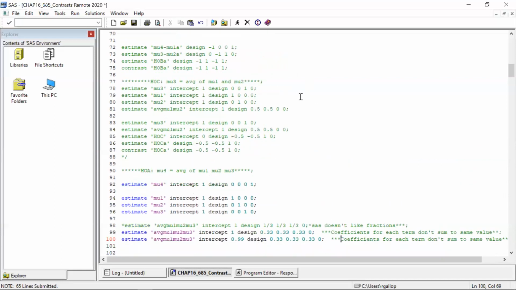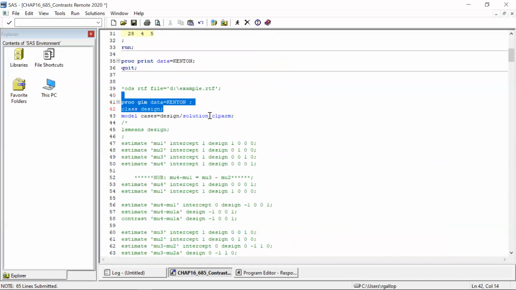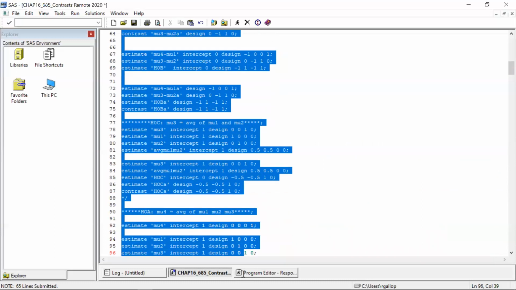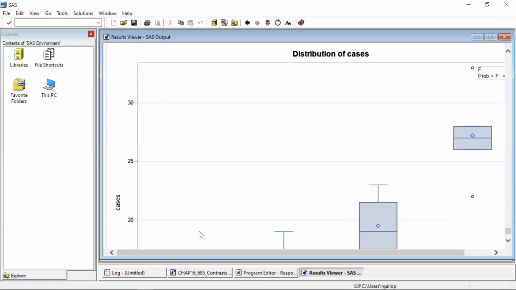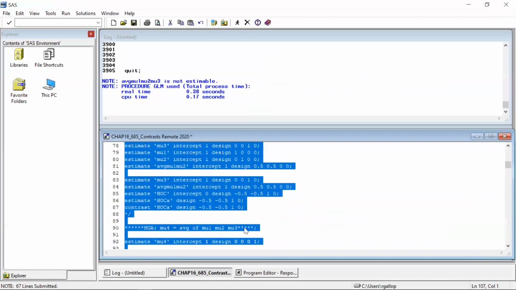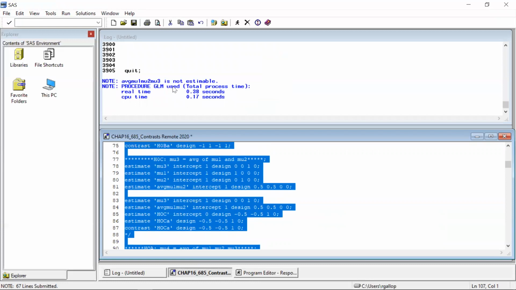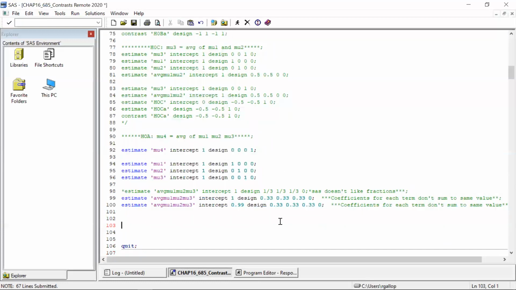So let me run this really quick. And if I go here and run this quick, mu1, mu2, mu3 is still not estimable, but it looked like they summed to the same value. Well, this guy's not estimable because it really is looking for one of those terms, in this case here, to really be 1, right?